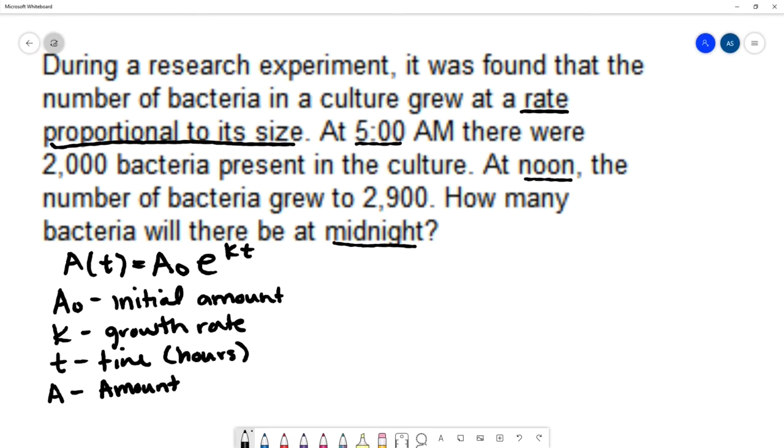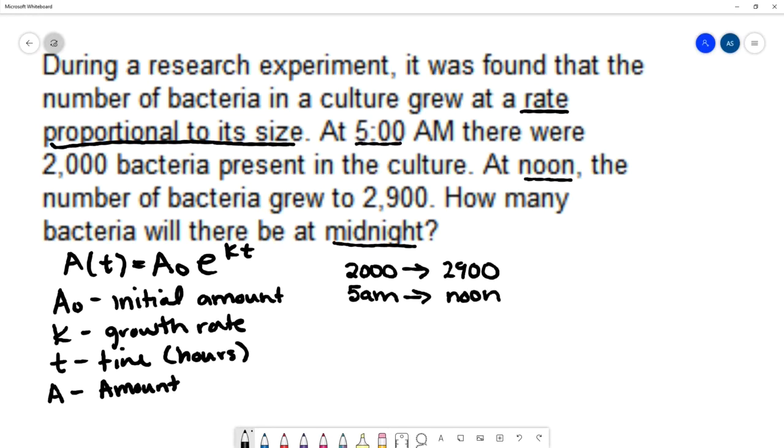With this example, we're given some information that the population is going to grow from 2,000 to 2,900 from 5 a.m. to noon. So our population goes from 2,000 to 2,900, and our time period is 5 a.m. to noon.